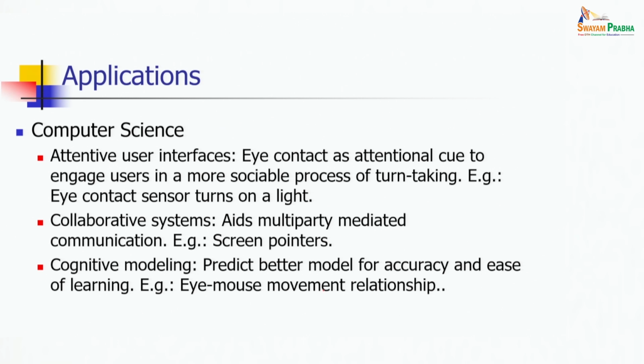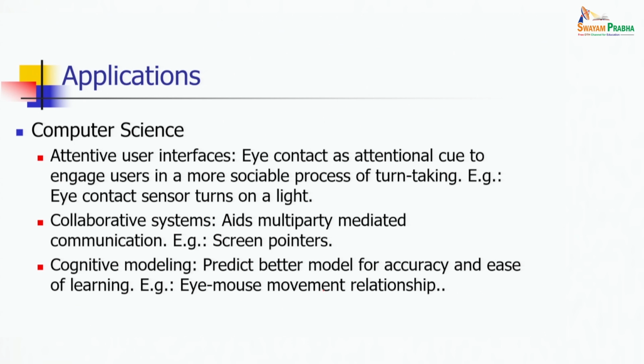It can be used for collaborative systems, because eye gaze is also a mode of communication, so it aids multi-party mediated communications. You can use it for screen pointers. Without using hands, through the movement of your eyes, you can develop this kind of GUI.